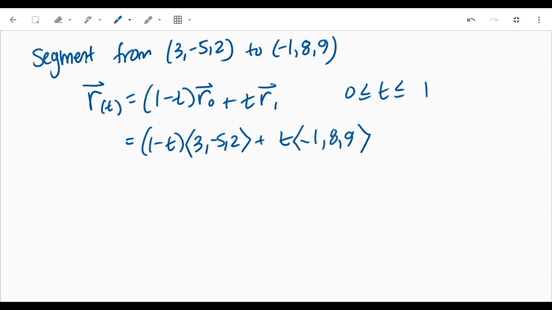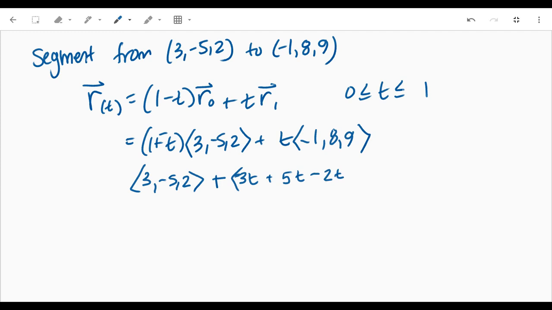And we can expand that out, and we would have (3, -5, 2) minus 3t, minus 3t plus 5t. Oh, I got too many negatives. I'm going to change that to plus. A negative 3t plus 5t minus 2t.